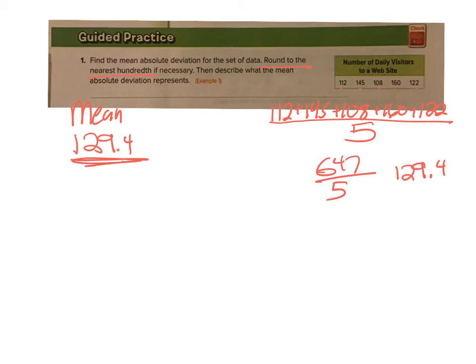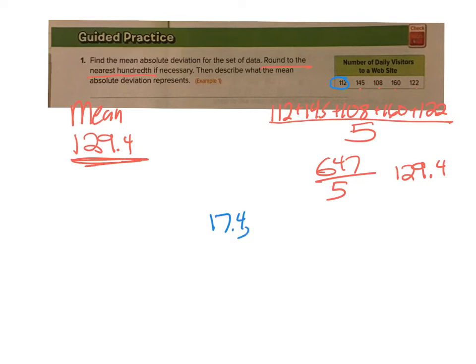Now, the way we find the next step is we take all of these numbers and find the difference between that and the mean. So I start with the first number in the data set, 112 minus 129.4 equals 17.4.